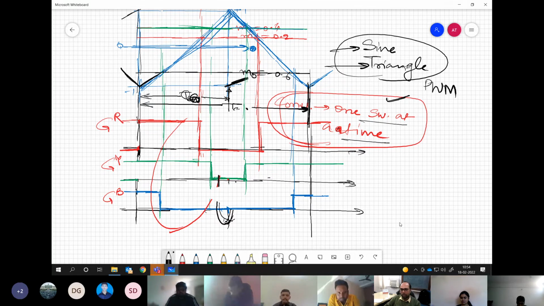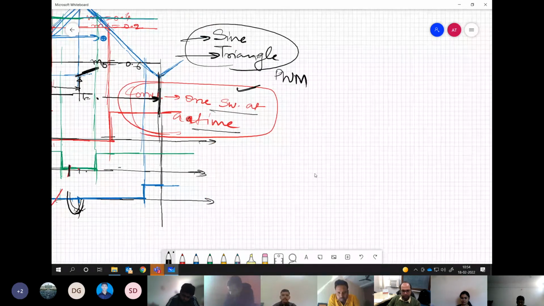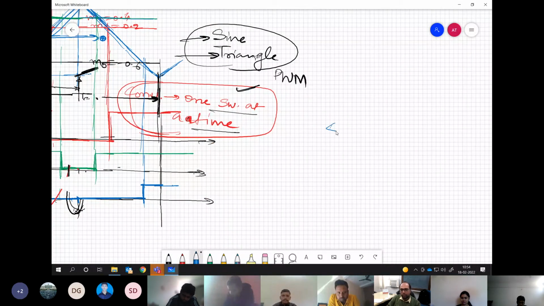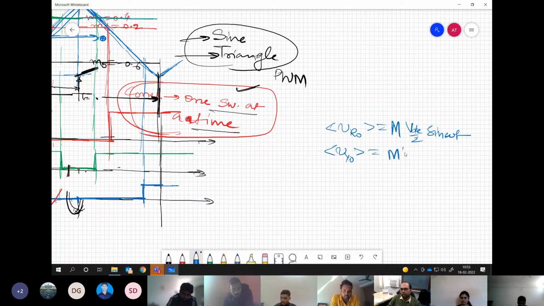So yes, the output voltages we can write. VRO is basically given by, say, M VDC by 2. So it will be capital M VDC by 2 sine omega t. Average VYO will be given as M VDC by 2 sine (omega t minus 2 pi by 3).